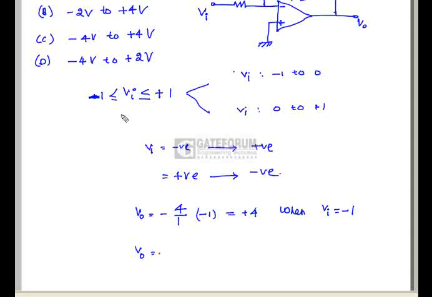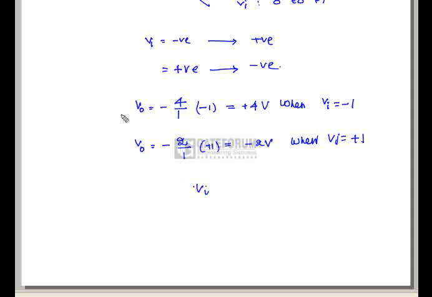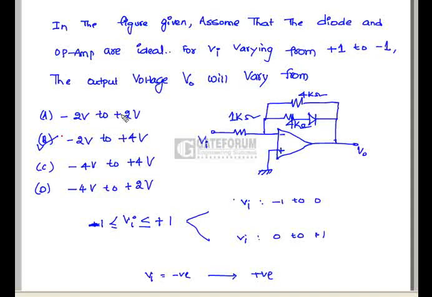Similarly, V0 equals minus 2 by 1 into input plus 1, that is equals minus 2 volts when Vi equals plus 1. That means V0 varies from minus 2 to plus 4 volts. Hence option B is correct.